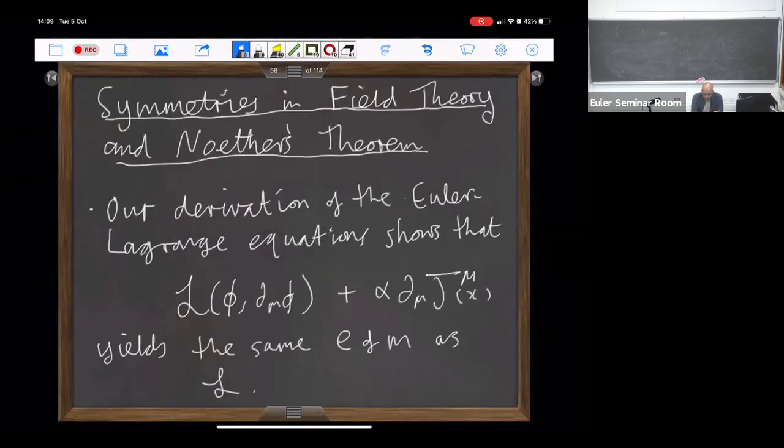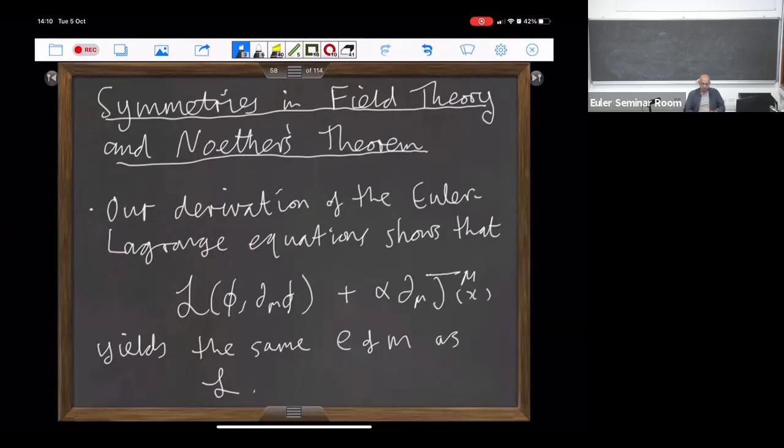Okay, so now we're going to come on to symmetries and what's called Noether's theorem. The derivation that we just had shows that if you shift the Lagrangian by a total derivative, then you'll get the same equations of motion as the original Lagrangian.